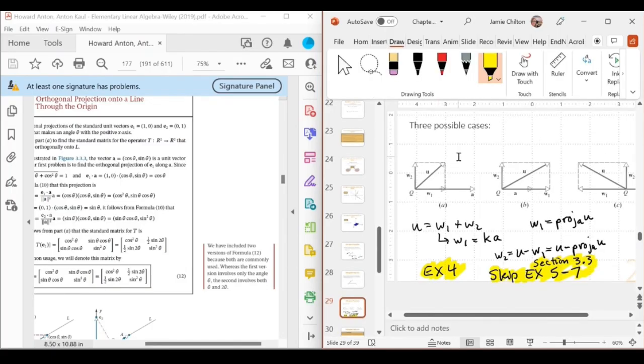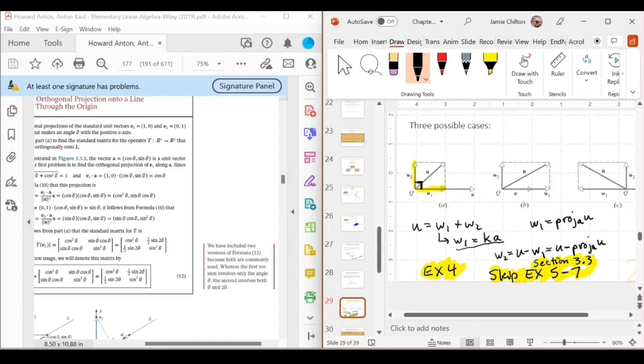So if you have a vector U, you simply go from the tip and drop it down to a point along a vector A. Wherever that might be, that's going to be your W1. Now, like I said, W1 is going to be some sort of scalar multiple of A. Then your other vector, W2, that U is decomposed into, is going to be orthogonal to A, as you can see from the right angle here.